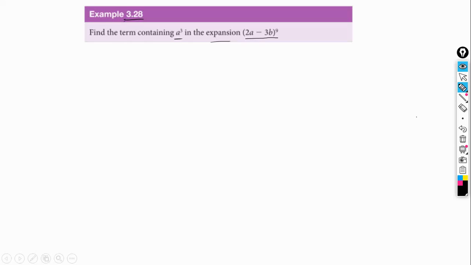Remember that in general we said that x plus y to the n is equal to the sum from i equals 0 to n of the combination, right, of n over i times x to the power of n minus i times y to the i. So that was in general.